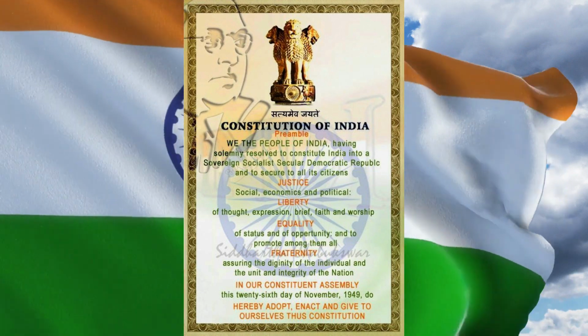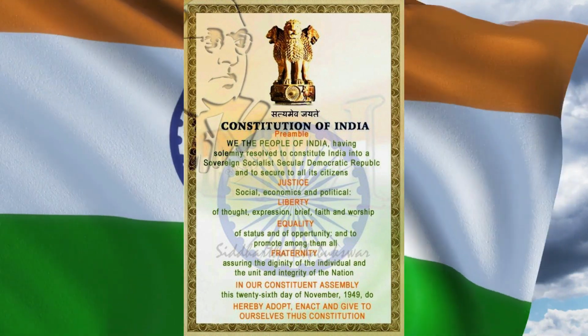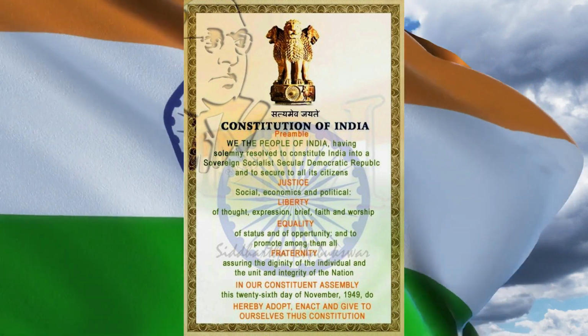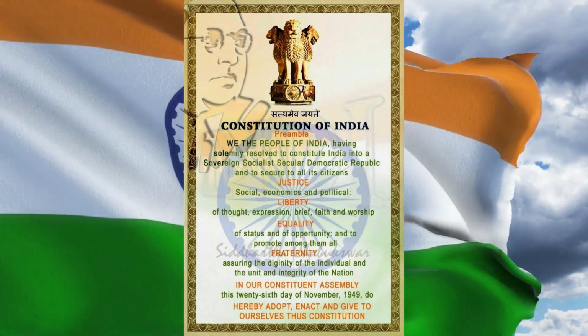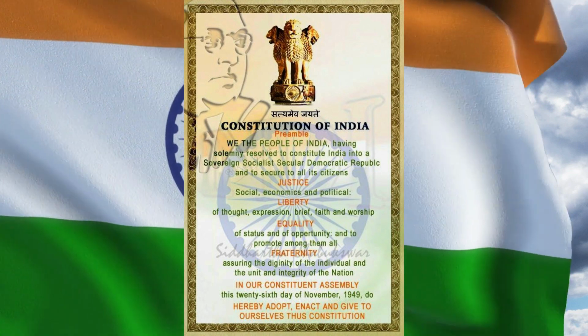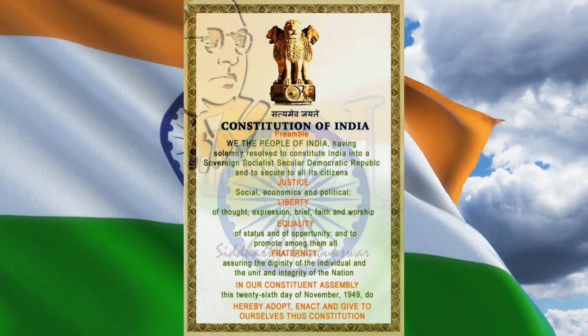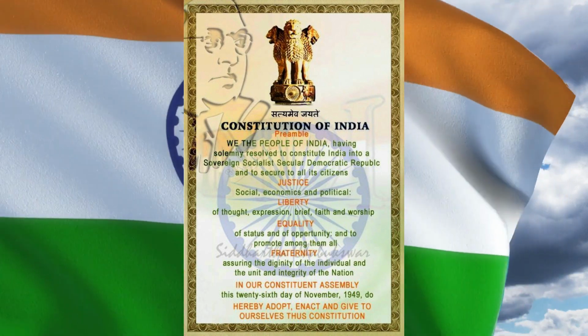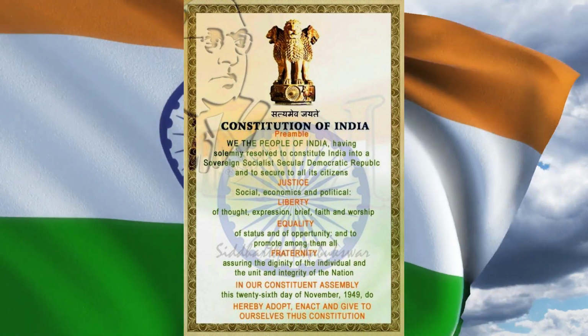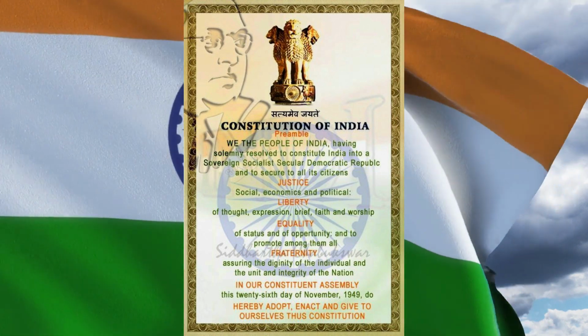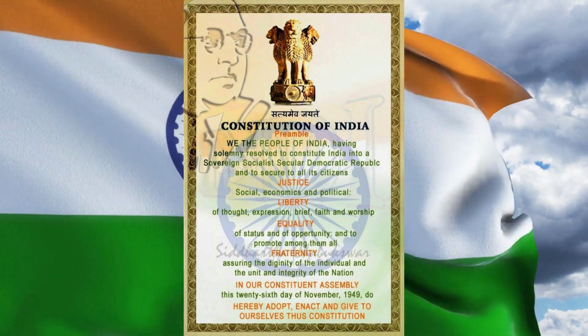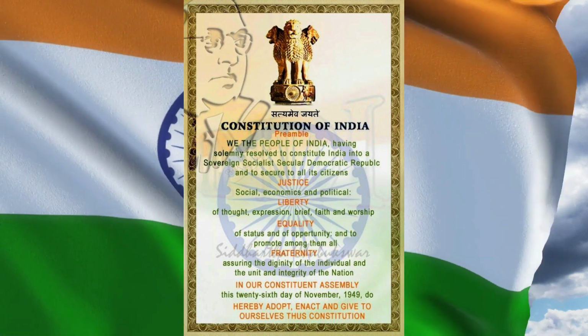Here I would like to mention small points about social equality and economic equality. Under social equality, everyone must have equal status and opportunities. And economic equality refers to equitable distribution of wealth and a decent standard of living for all.